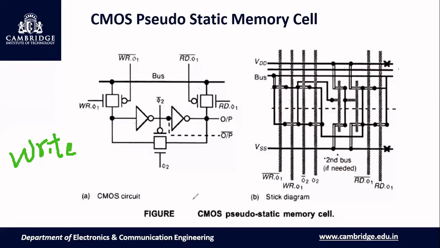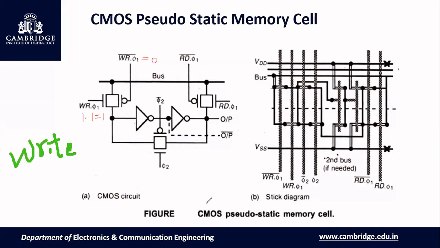Okay, if you want to perform a write operation, you know what WR should be and what phi1 should be, right? WR and phi1 should be 1, so that WR dot phi1 bar will be 0.